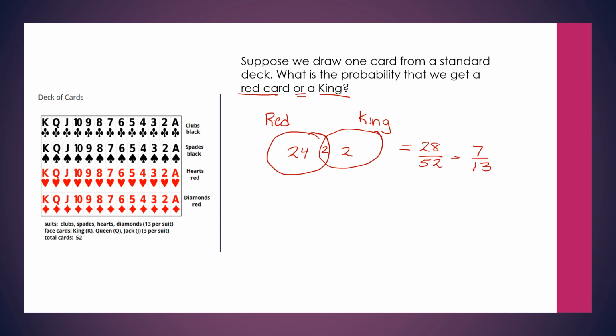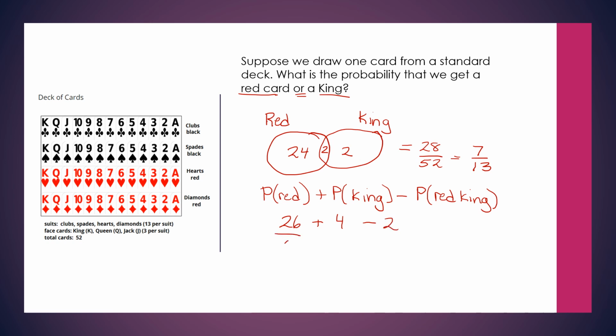If I looked at the formula, we have the probability of red plus the probability of a king. And we're going to have to subtract out the probability of a red king, that overlap. And we're going to get the same stuff because all of the red cards, there's 26, plus the kings, there are 4 of those, minus the 2.